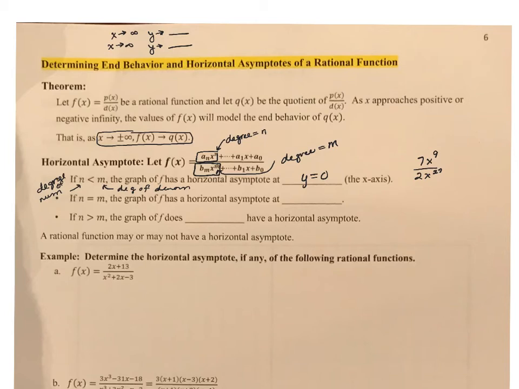The second scenario is that the degree of the numerator this time is equal to the degree of the denominator. In that case, we have a horizontal asymptote at y equals a sub n divided by b sub m. Those are the leading coefficients. A sub n is the leading coefficient for the numerator, and b sub m is the leading coefficient for the denominator.